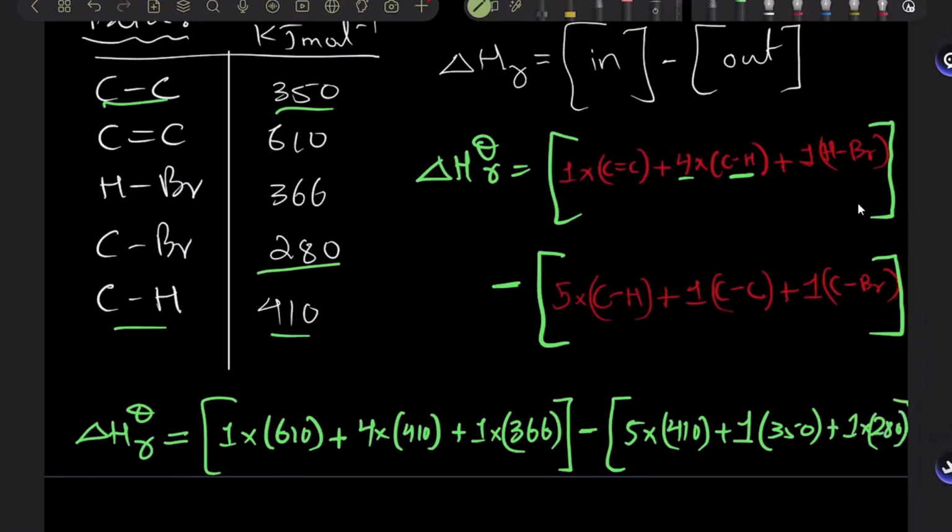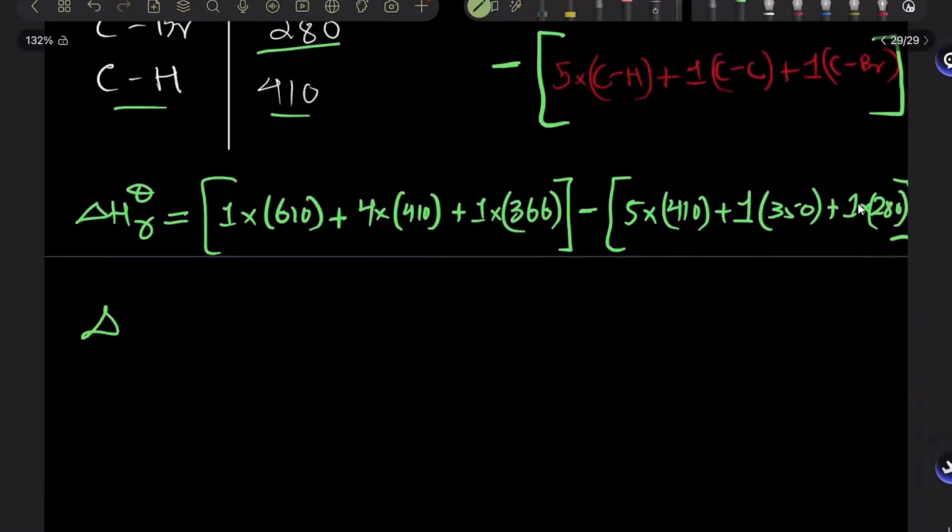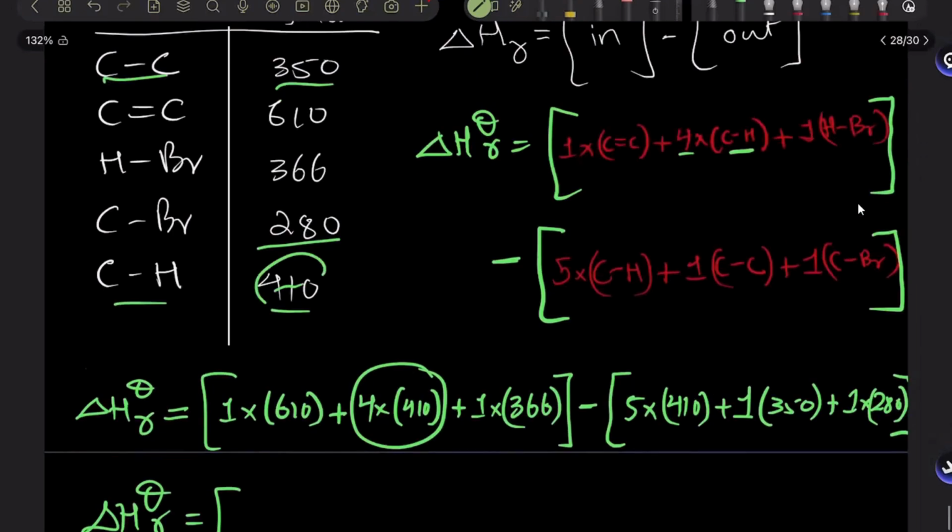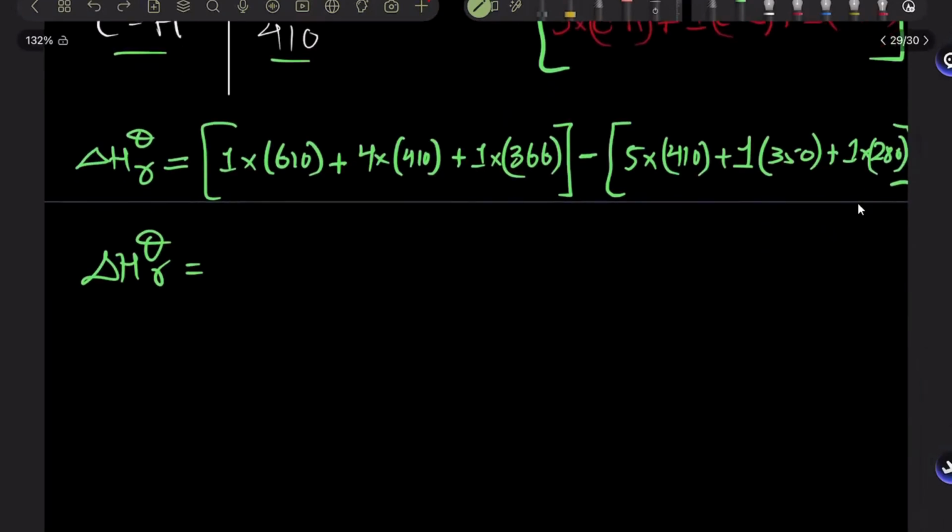Now I solve the brackets first. So delta H naught of reaction would be equal to, again, do not write the answer of 4 times 410 over here. Initially, you want to show the examiner that you use this value and you use the 4 multiplier with it. Otherwise, you lose 1 mark over here. So what's the first bracket's answer?